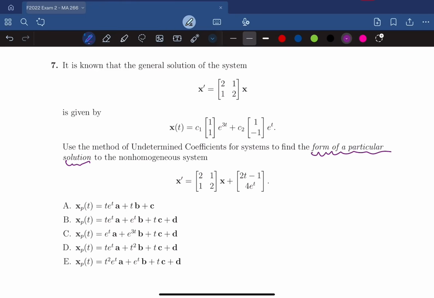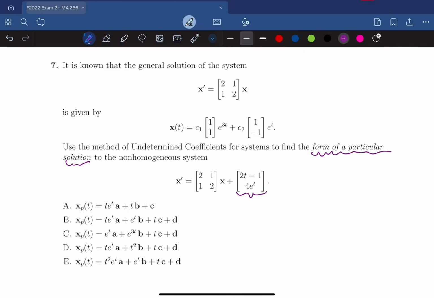As you can see, the non-homogeneous part is this part. So the general solution of this system is going to be this plus the particular solution of this. We're trying to find the form of the particular solution, so just of this part.